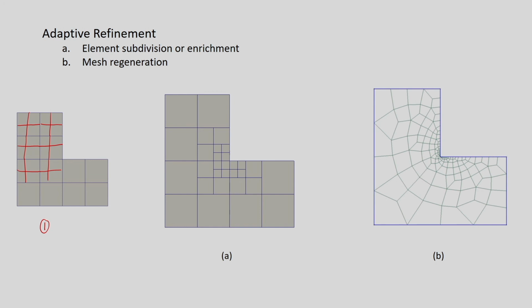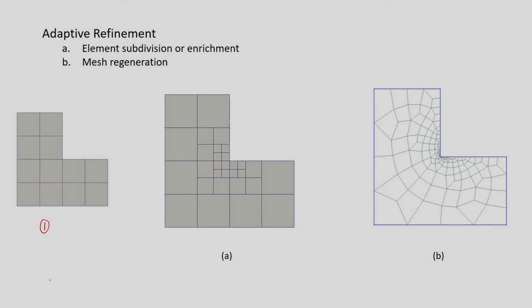So, to obviate this, we can make use of the information we just discussed. We can identify only those elements which are contributing more to the error. So, let me discuss that issue.